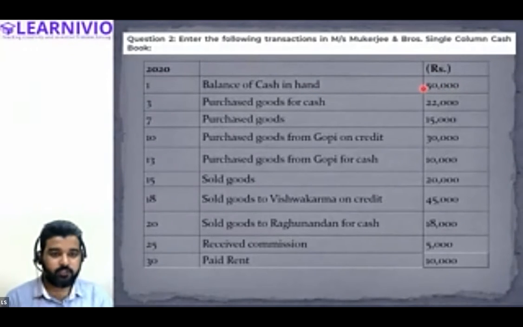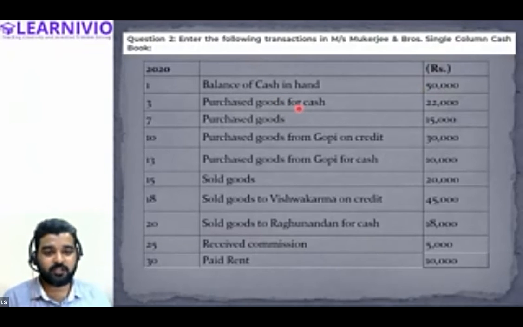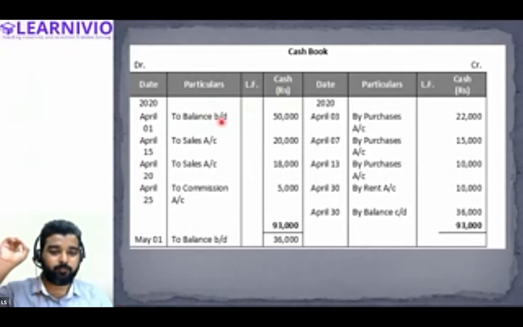Listen to me carefully. When you prepare the cash account this time, because we already have cash in hand, we will write to balance b/d. This means we have the brought down balance. Brought down means that at the end of the last year, we had the carried down balance.